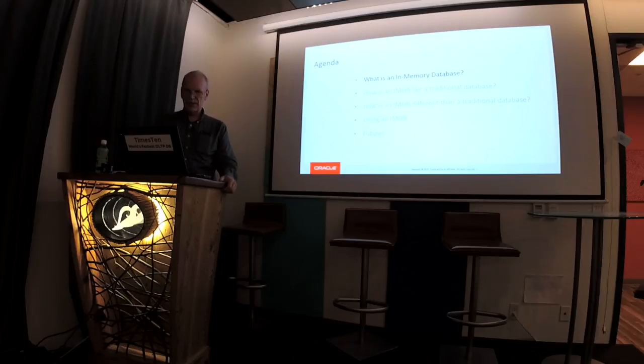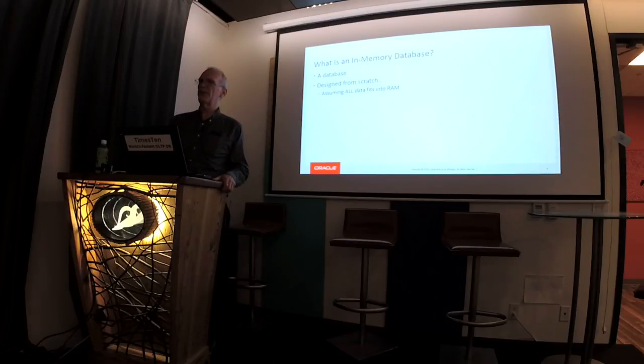So let's start with what is an in-memory database. This is a really simple slide. An in-memory database is a database that was designed from scratch assuming all the data in the database fits into RAM, right? That's it. That's really all there is to it. It's a database designed assuming everything fits into memory. And there are lots of other things.